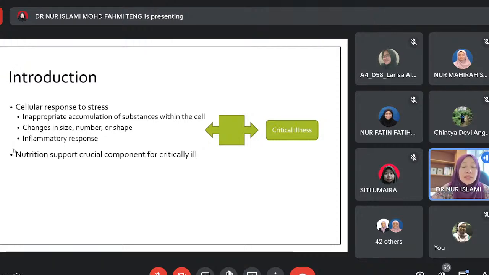The cell response here may include either the inappropriate accumulation of substances within the cell, changes in size, number or shape, and also inflammatory response. And this is the situation that may occur in critical illness. Therefore, nutrition support is also a crucial component of care for the critically ill.